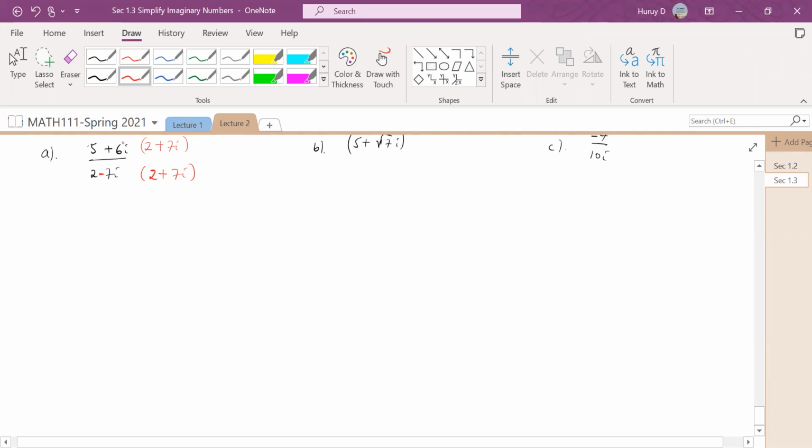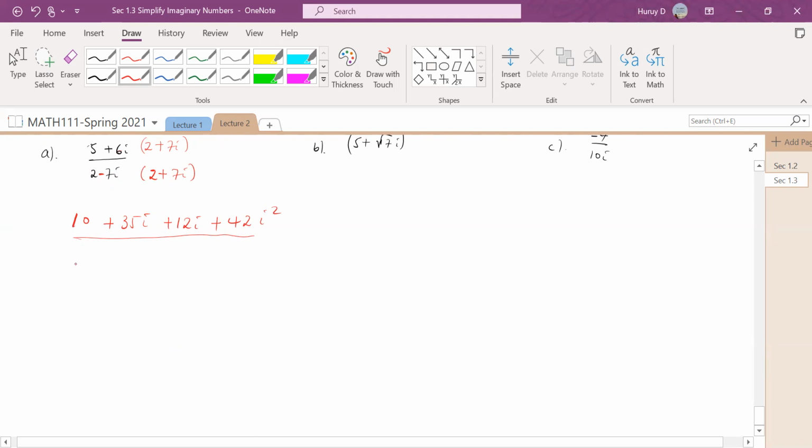Okay, so the multiplication for the top is 10, 5 times 7 is 35i, 6i times 2 is 12i, and 6i times 7i is 6 times 7, which is 42i squared, divided by, and this one we know is a real number.